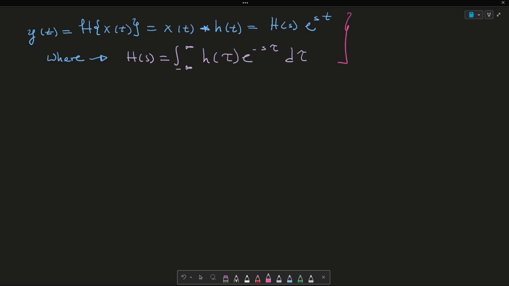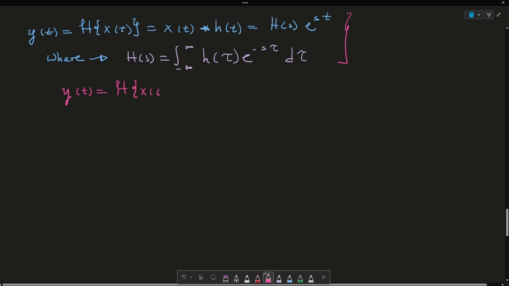What do we know? We know that y of t equals my system where my input is some x of t. And since my system is an LTI system, this is equated to x of t convolved with the impulse response h of t, or the impulse response of my system.